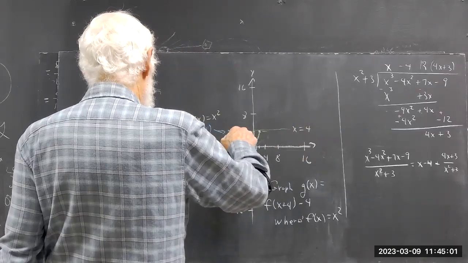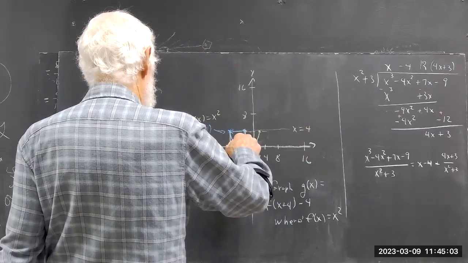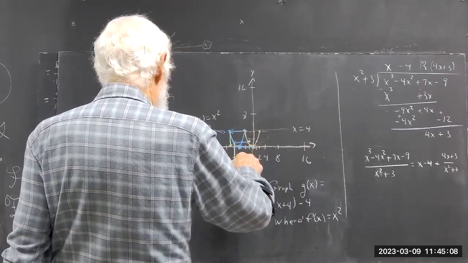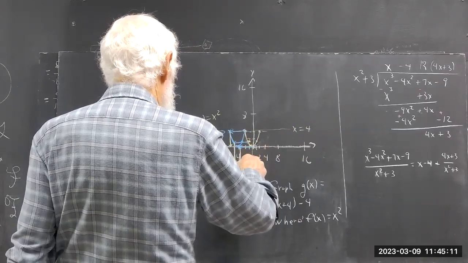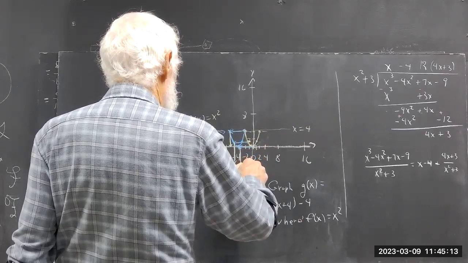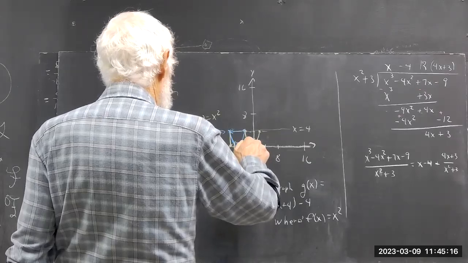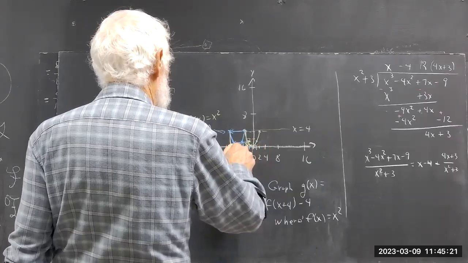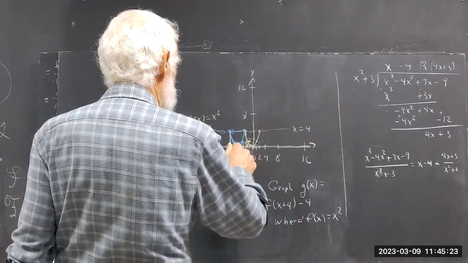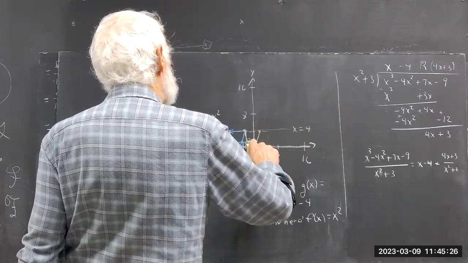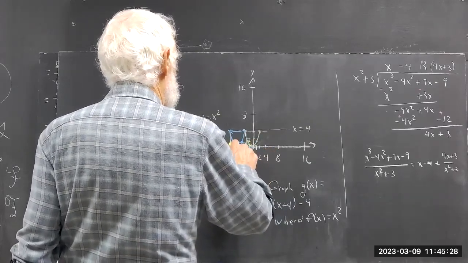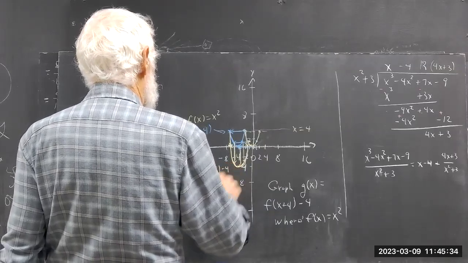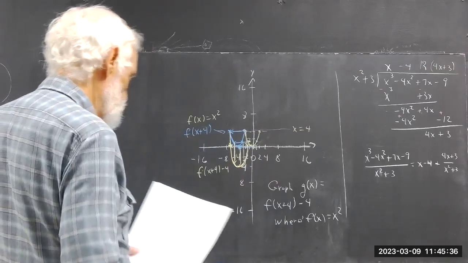So every point is going to have to go 4 units lower. That point's going to go down to there. This point's going to come down to here. This point will come all the way down to here. And this point will come down to here. This point will come down to here. I have points here, here, here, here, here. Not very well drawn. But here's f of x plus 4 minus 4.